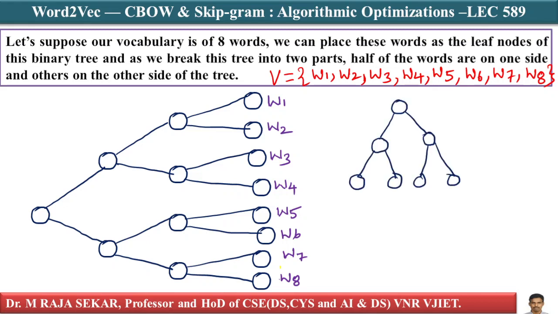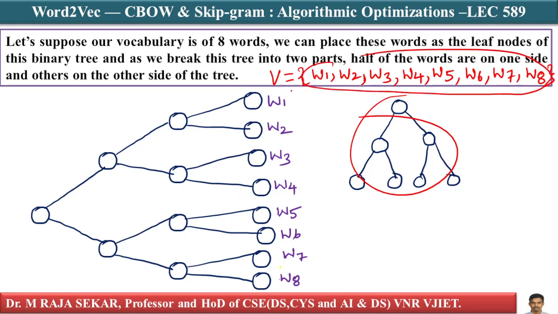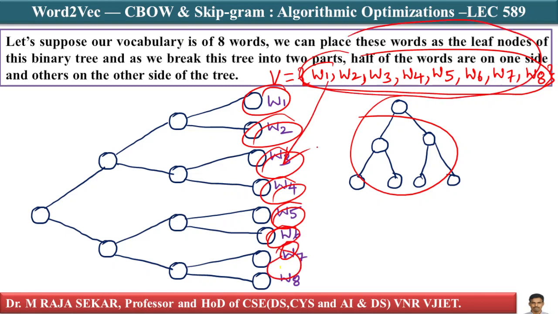Typically we draw the trees like this, isn't it? We can place these words as the leaf nodes of this binary tree. All these are leaf nodes, and I'm placing all these words like this. I'm drawing slightly differently, by making each of these leaf nodes the words.